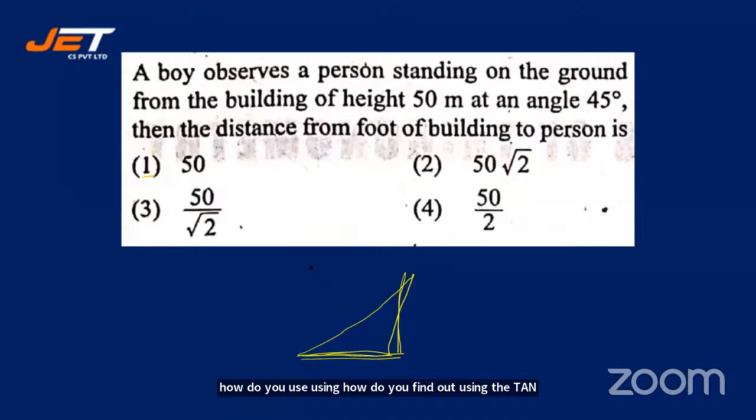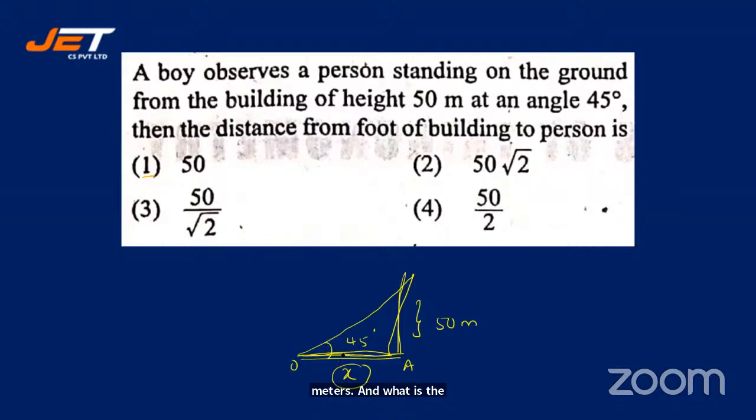You can assume this to be X. This is OA, and the height is 50 meters. The angle from here is 45 degrees. You are asked to find the distance from the foot of the building to the person.